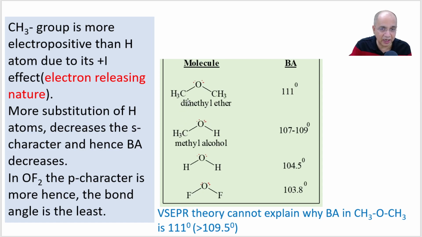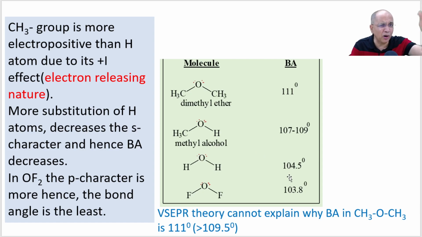Here methyl is more electropositive, hydrogen is relatively less electropositive, so the s character becomes less, so the repulsion becomes less. Therefore the bond angle is reduced to more or less tetrahedral. And here in water, both the methyl groups have been replaced by hydrogen. So the s character is still less, we are discussing in a comparative manner. And as a result, the bond angle is still less.